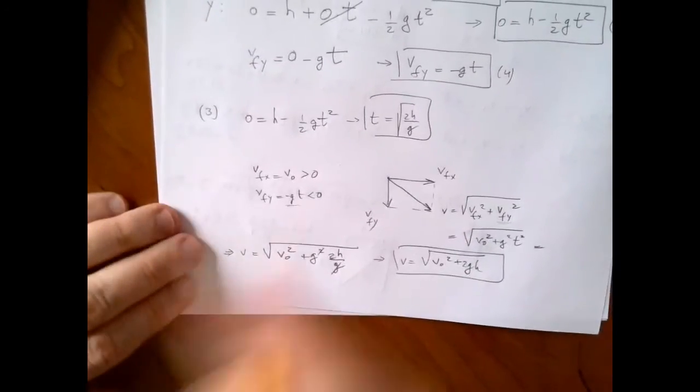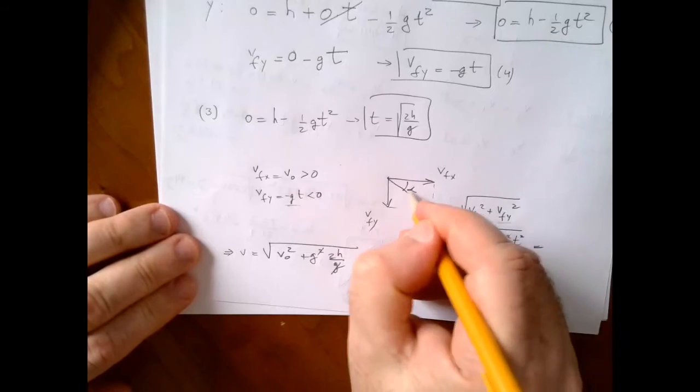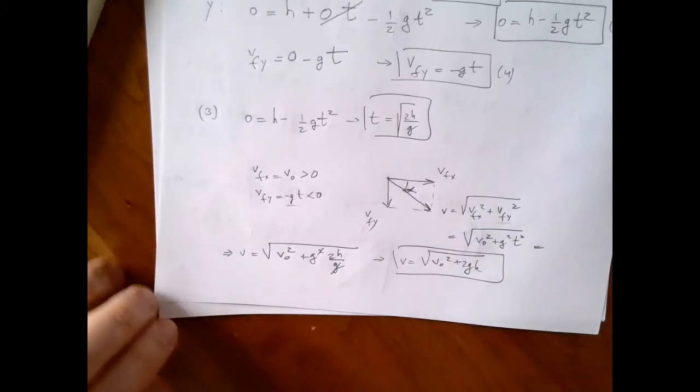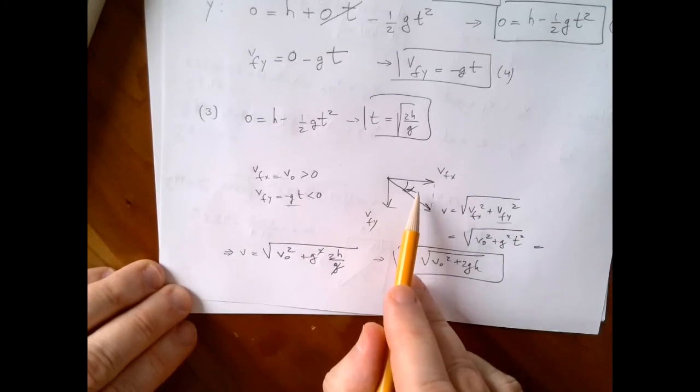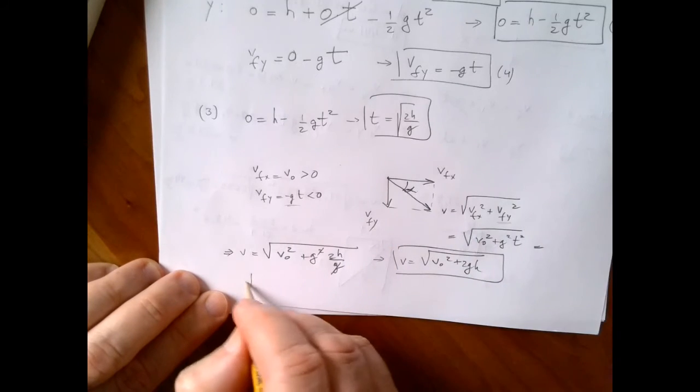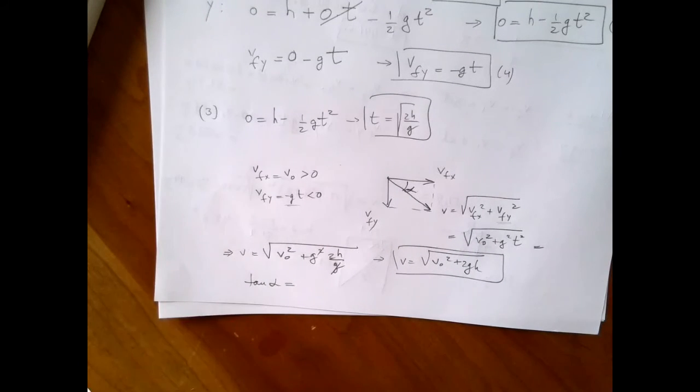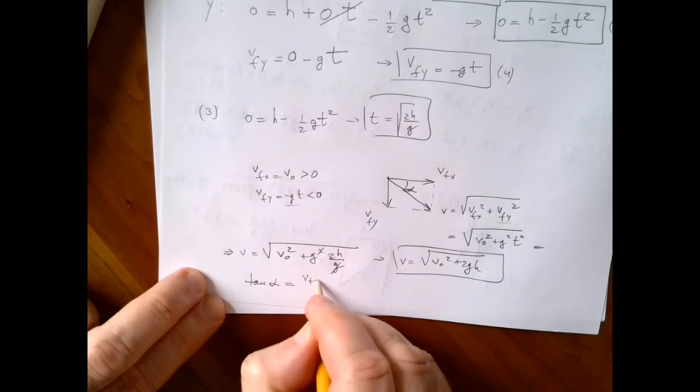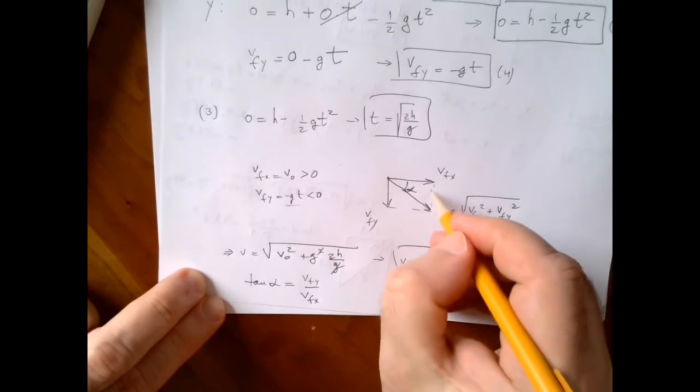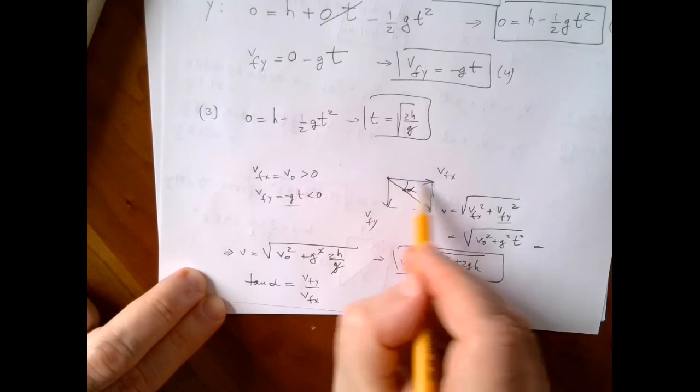And if we want to find the angle alpha that the velocity vector makes with the horizontal, we go back here and we are saying tangent of alpha is Vfy over Vfx, the opposite over the adjacent.